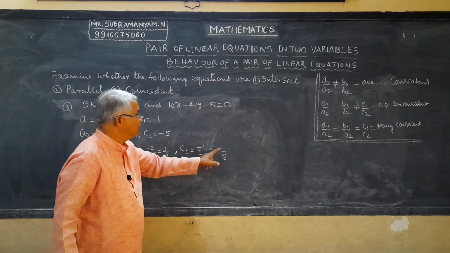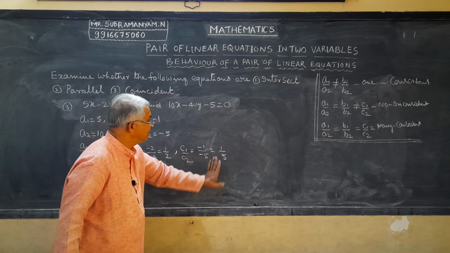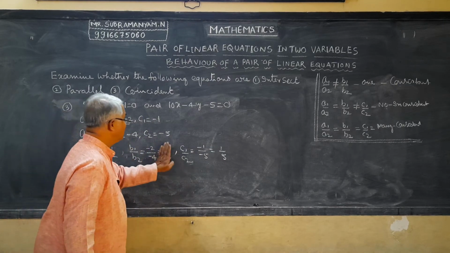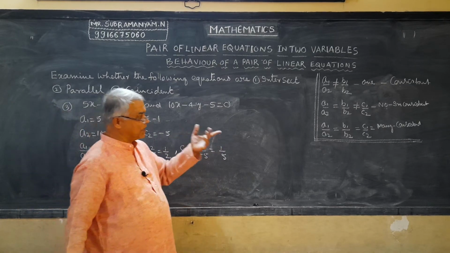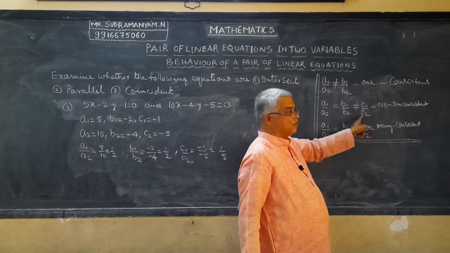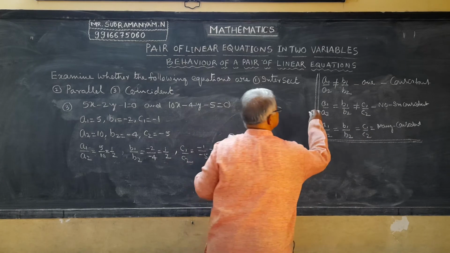C1 by C2 is 1 by 5. Both are equal, C1 by C2 not equal. So we get this condition.